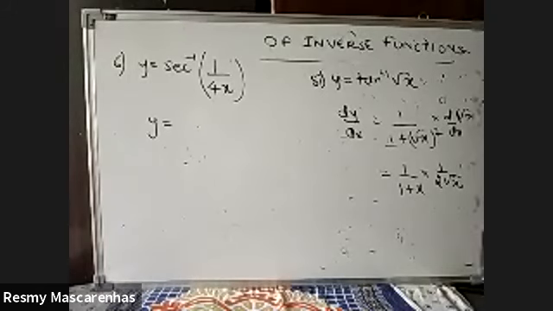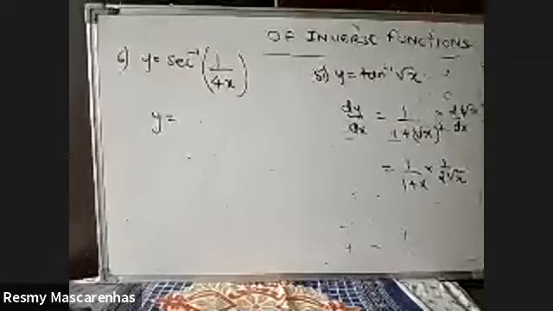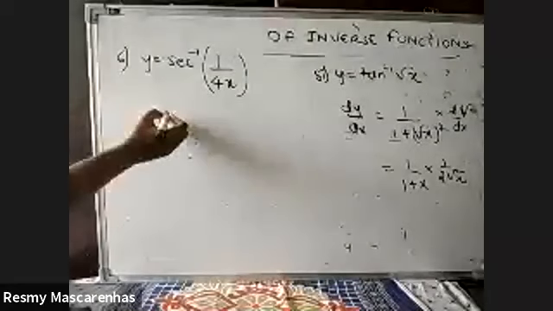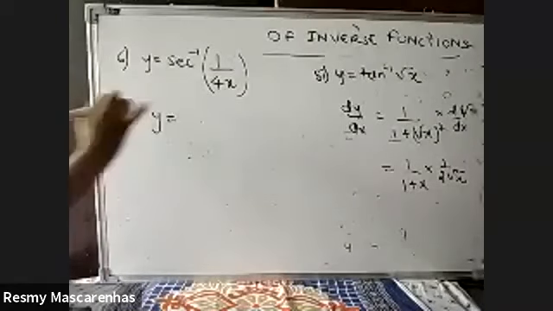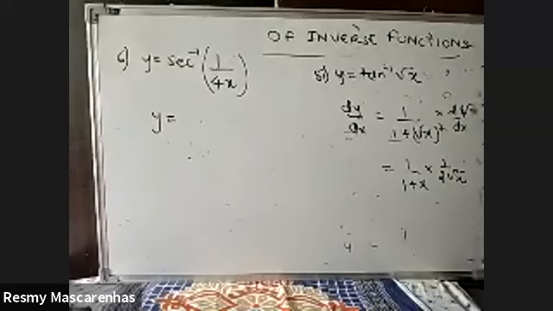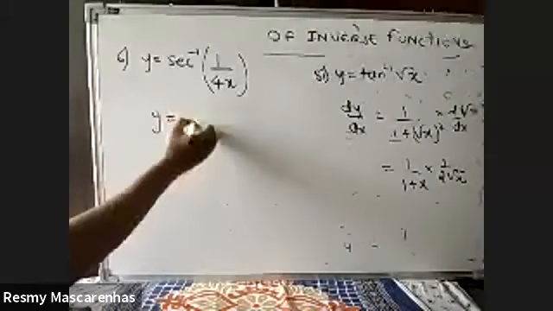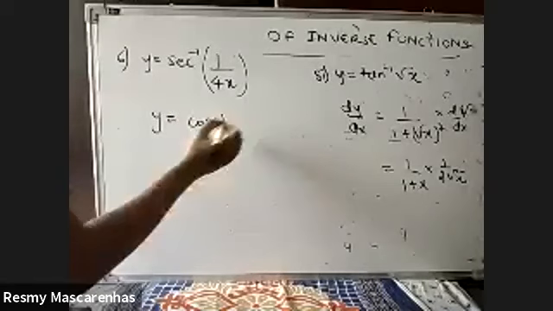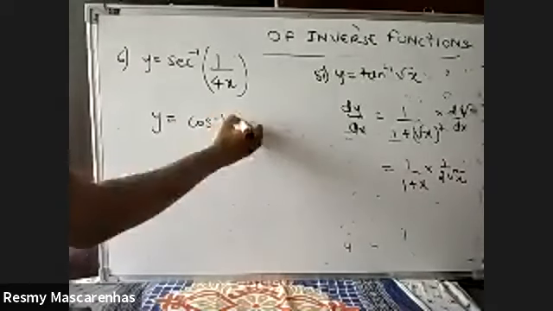What is it related to, sec inverse? If you reverse this, what will it become? Nobody remembers property set number 2. You are not revising also. That will be cos inverse of 4x.